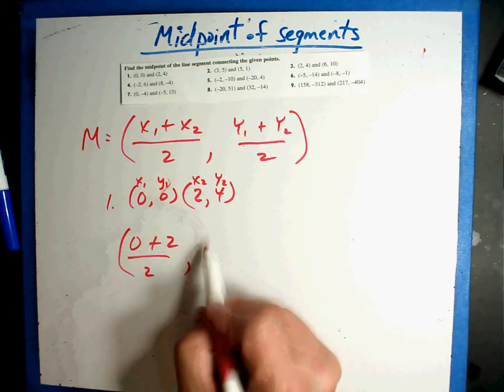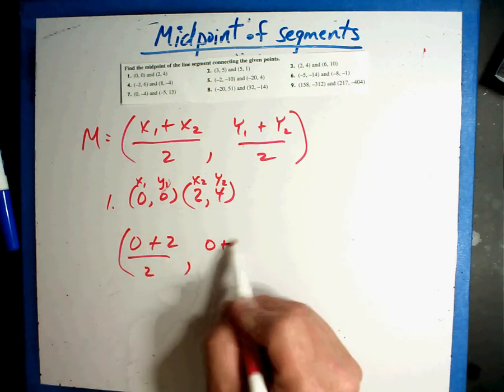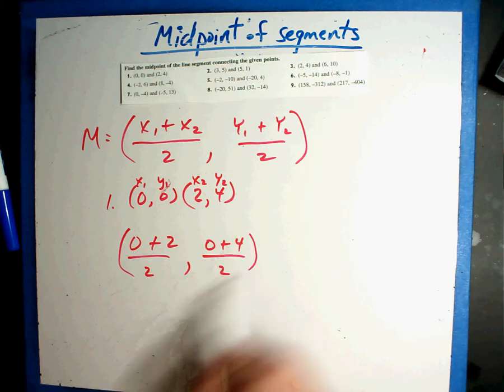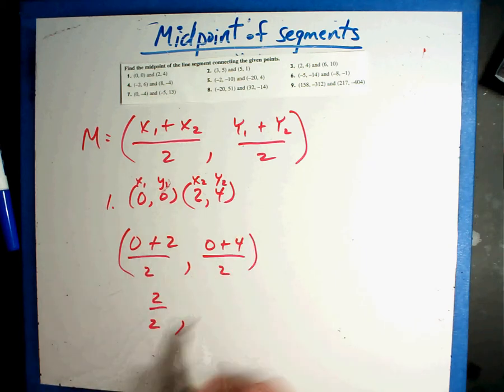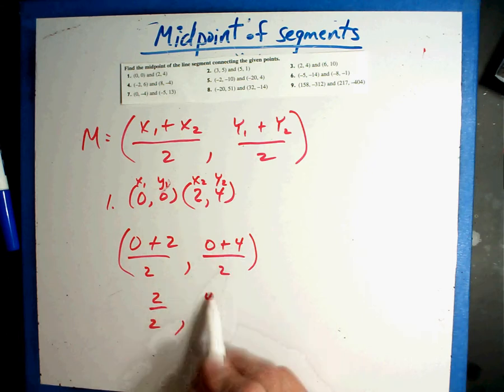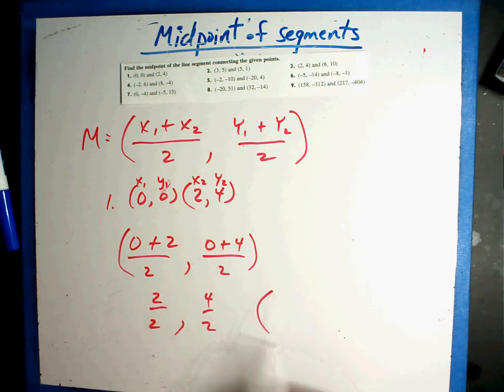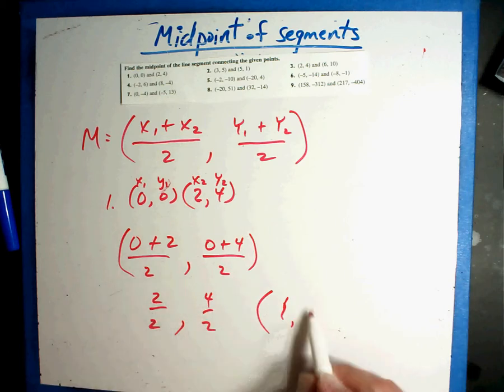And y1 is 0 plus 4 divided by 2. So 0 plus 2 is 2 divided by 2. And 0 plus 4 is 4 divided by 2. So my answer reduced down is 1. And 4 divided by 2 is 2. There's my point: 1, 2.